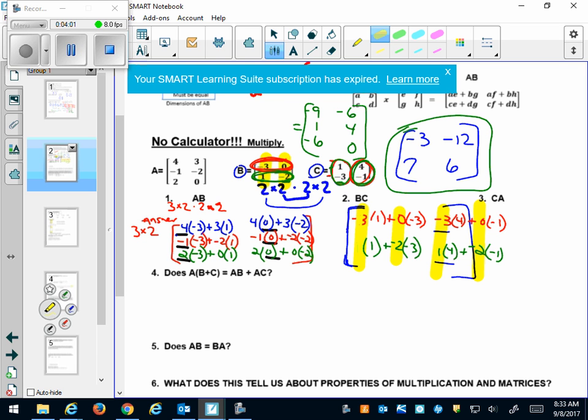And then these 1, 1 match. -3, -3, they match. And it's those, right? And then 4, 4 match, -1, -1 match, and they're those, right? So if you write it all out, you can just double check and make sure you have it set up correctly before you go and get your answer, okay? All right, any questions?